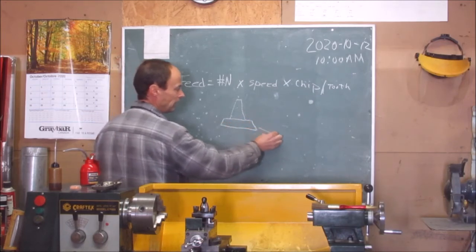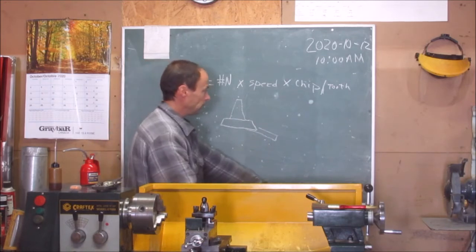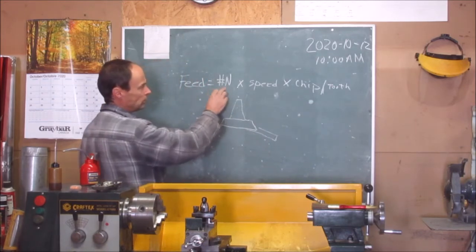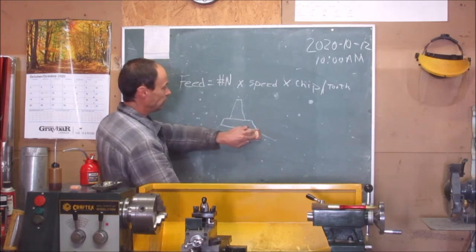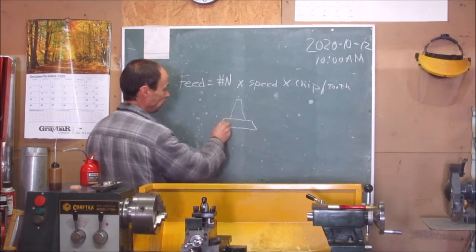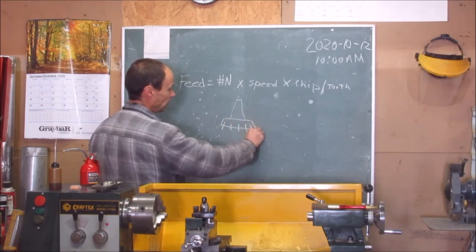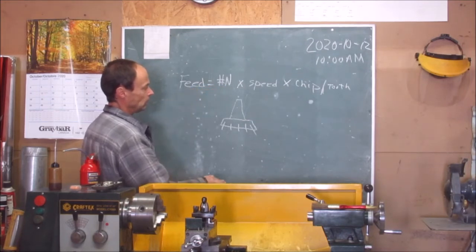But a fly cutter can have either just one cutter, right? So then the number of cutters doesn't apply anymore. You can still use it in your formula, but it doesn't apply anymore. Or you have multiple set of cutters. Well, in that case, that's going to change your feed rate, right?